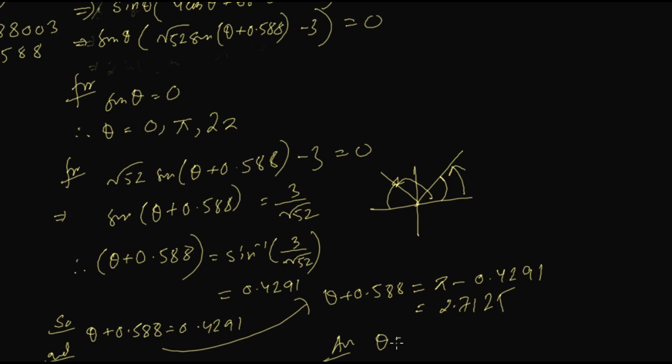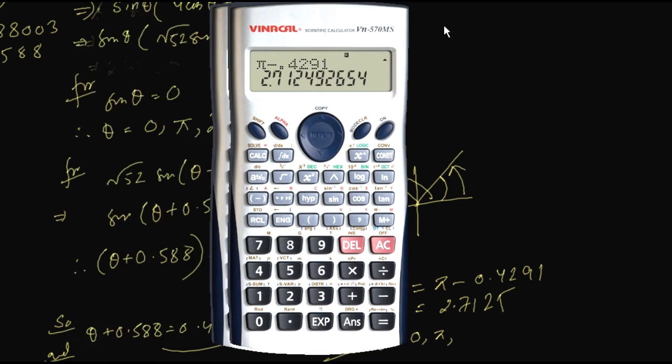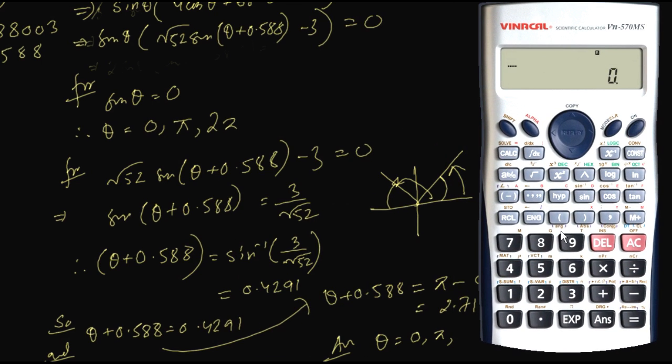Theta equals to, now we have 0, we have pi, so these would be included, 0 and pi. Then we have this one, so theta is going to be 0.4291 minus 0.588. This would be negative.